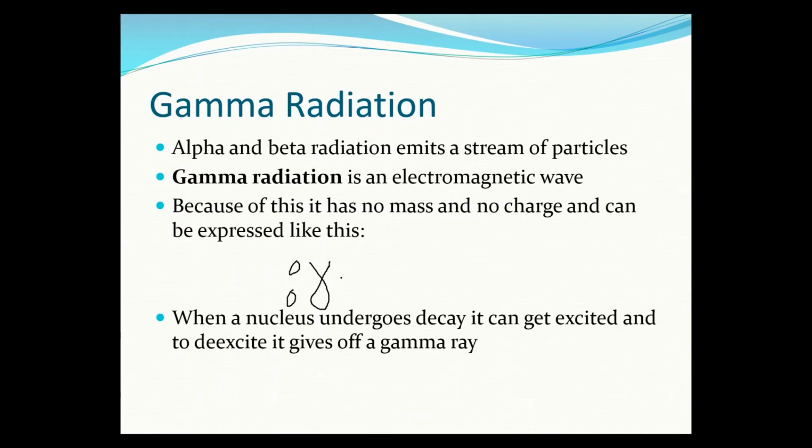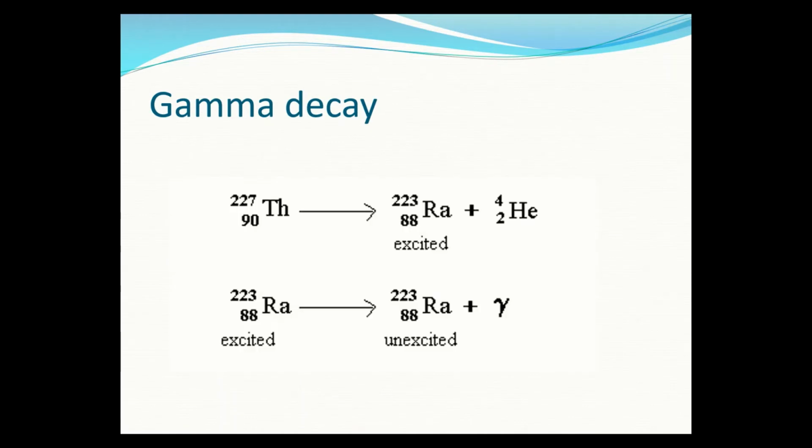When a nucleus undergoes decay, it gets excited and then de-excited and gives off a gamma ray. So I'll show you with this next example what that means. We'll take this example here with our thorium. When an atom undergoes decay, like this alpha decay, it gets excited.